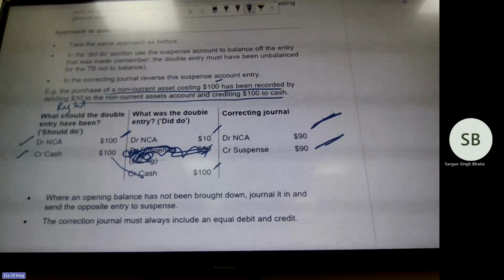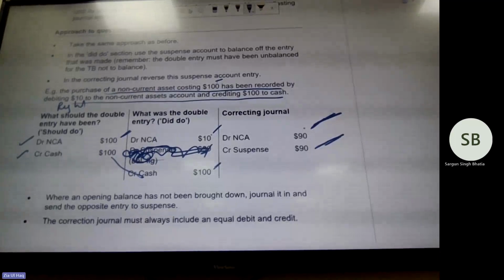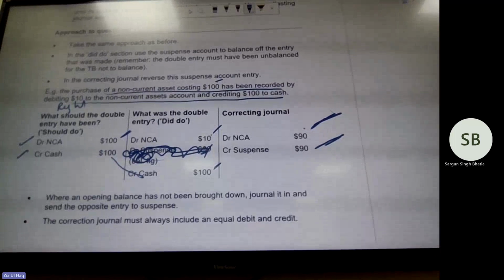Because in one entry you cannot pass either only debit or only credit. You have to show both effects in debit and credit. You cannot rectify just by debiting the non-current asset. You have to record something in the credit. When there is nothing else in the credit, you will record it in the suspense account.